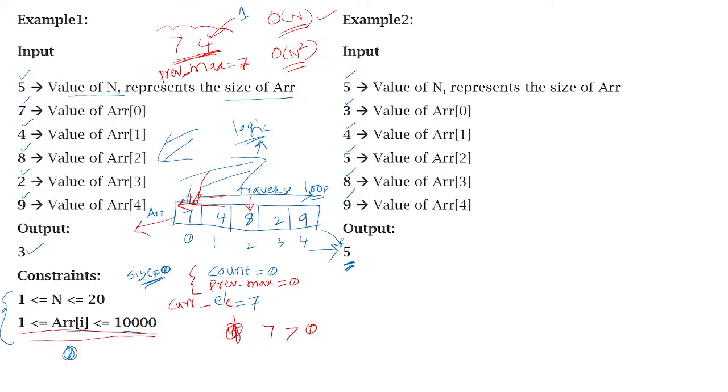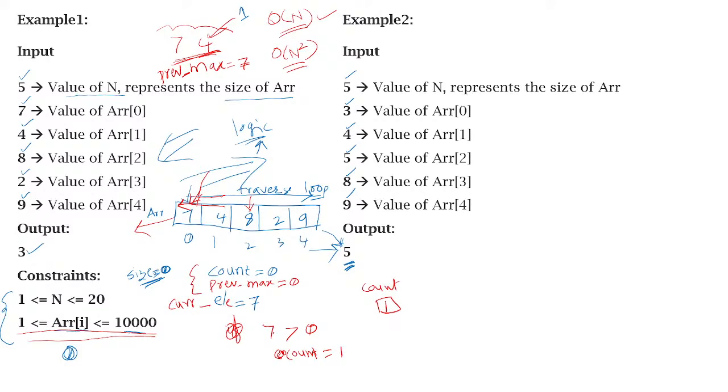Then immediately I increment the count value. So count is equal to 1, because I got one such element here. I store a variable called counter, initially 0, now it becomes 1.